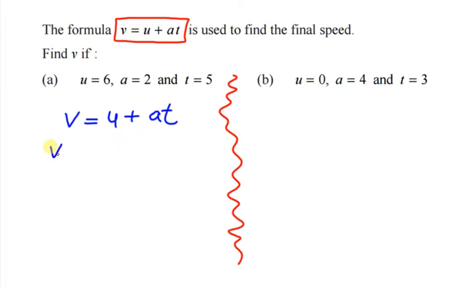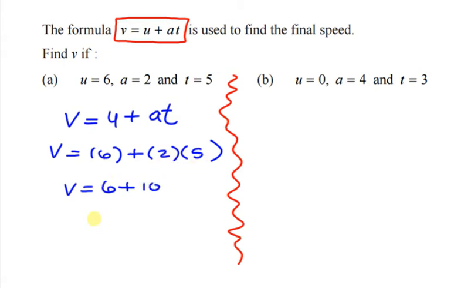So V equals, instead of U, I'm going to put 6, plus, instead of A, I'm going to put 2, and instead of T, I'm going to put 5. And again, anytime you're putting in a number for a letter, you always want to do it with parentheses. So V equals 6 plus, what's 2 times 5? 10. V equals, what's 6 plus 10? 16.